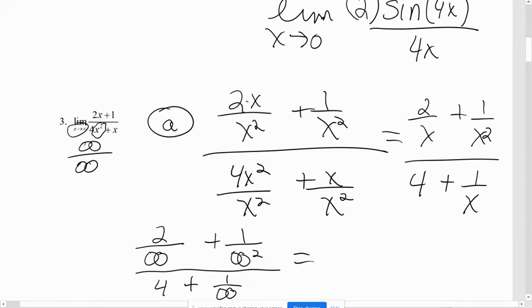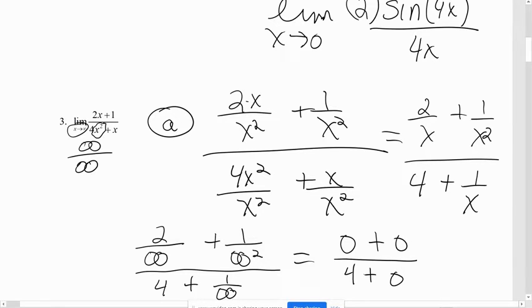Okay, then from the first semester, we know that if we have a constant, doesn't matter what it is, if we divide by infinity, it's going to get really, really small, and essentially it's going to become 0. And if we take 1 and divide it by infinity squared, it's also going to be 0. On the bottom, we have 4 plus 1 divided by infinity, which is also 0.